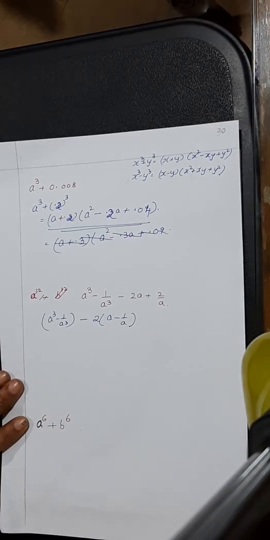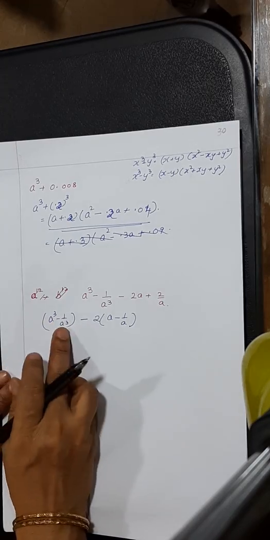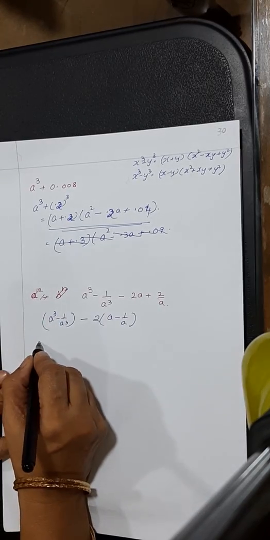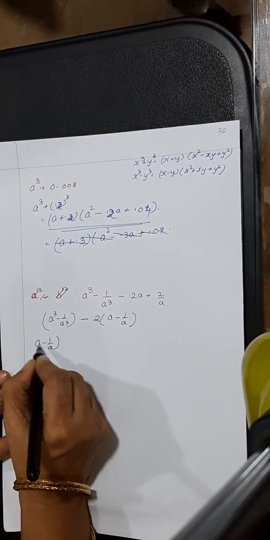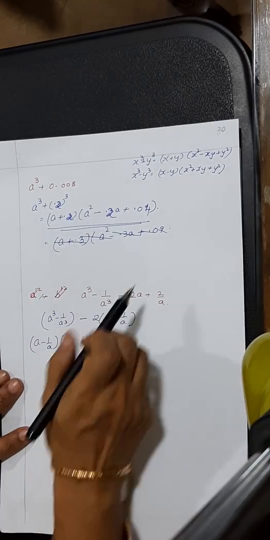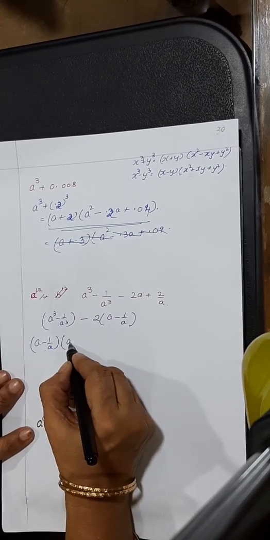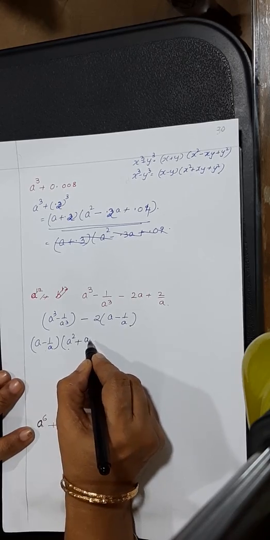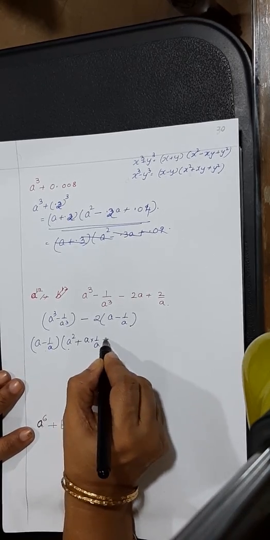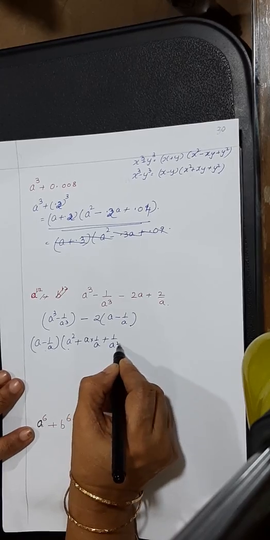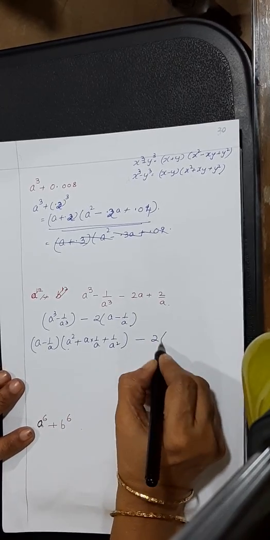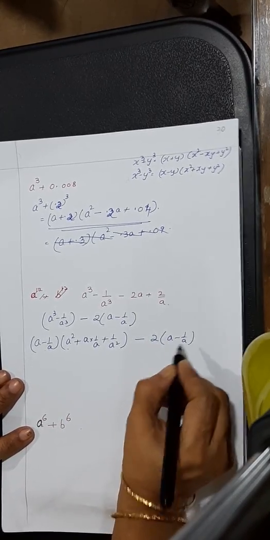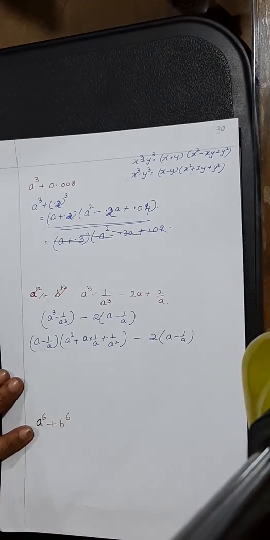So, factorizing, this is of the form again x cube minus y cube, x minus y. So, a minus 1 by a into x squared, so a squared plus xy, so a into 1 by a, plus y squared is 1 by a squared, minus 2 into a minus 1 by a.